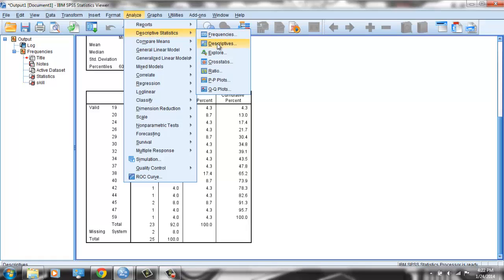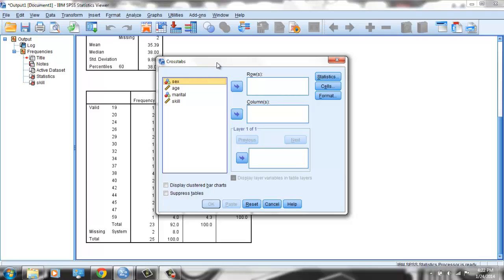We've already done frequencies, now we're going to a new one. Crosstabs. Now you have a choice, rows and columns, doesn't really matter. If you have one measure that's got more categories, in this case marital status, I always like to make that one the rows. I just think it looks better. But again, it doesn't really matter.